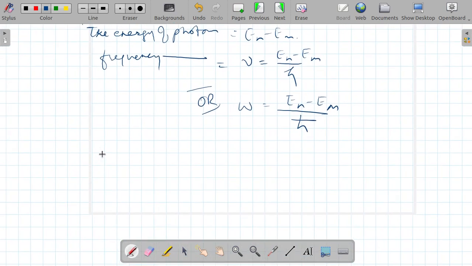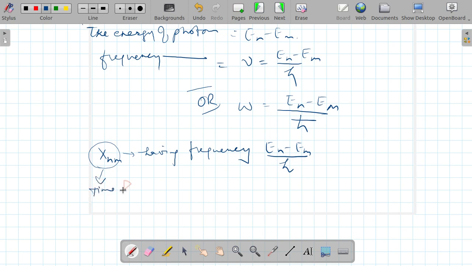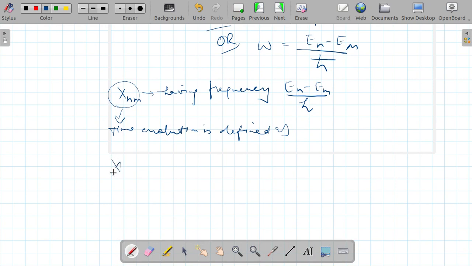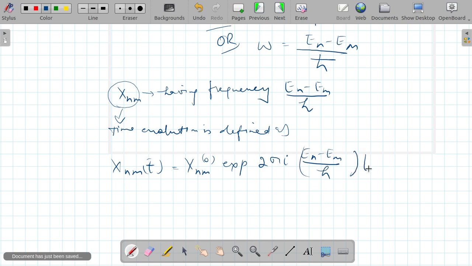Now define a quantity x_nm having frequency (E_n minus E_m) divided by h, and its time evolution is defined as x_nm(t) equal to x_nm(0) exponential of 2 pi iota (E_n minus E_m) divided by h into t.